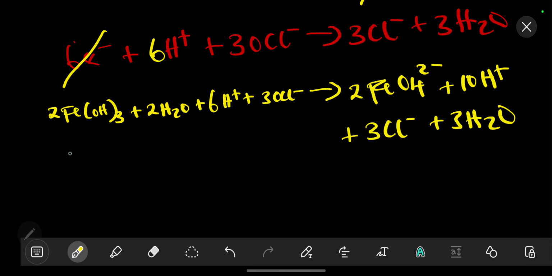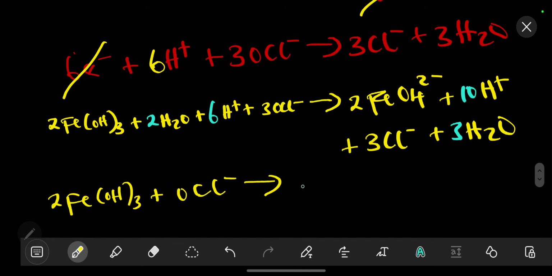Let's finish it. We have 2Fe(OH)3 plus, so we have 3 minus 2, which will give us 1, and also 10 minus 6, which will give us 4. So we write plus our OCl, like that.